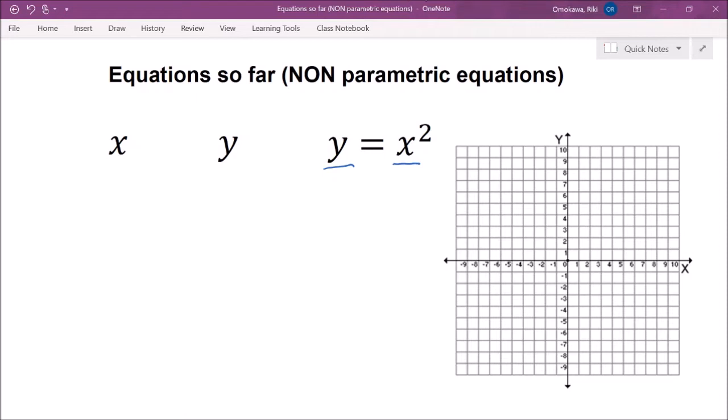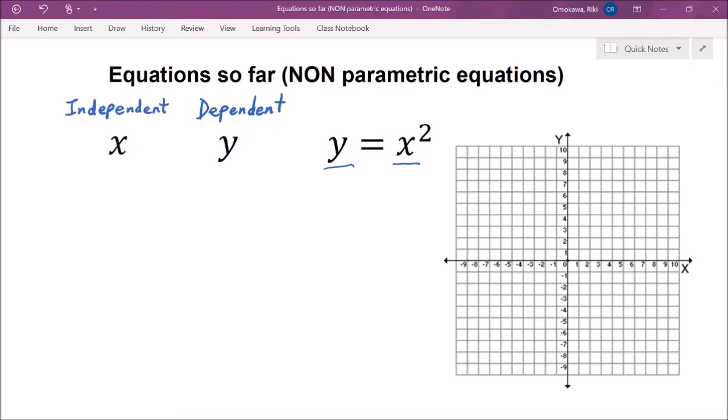In the past, you might have been taught to think of y as depending on x. So we call y the dependent variable and x the independent variable. y is dependent on x, so x is independent.